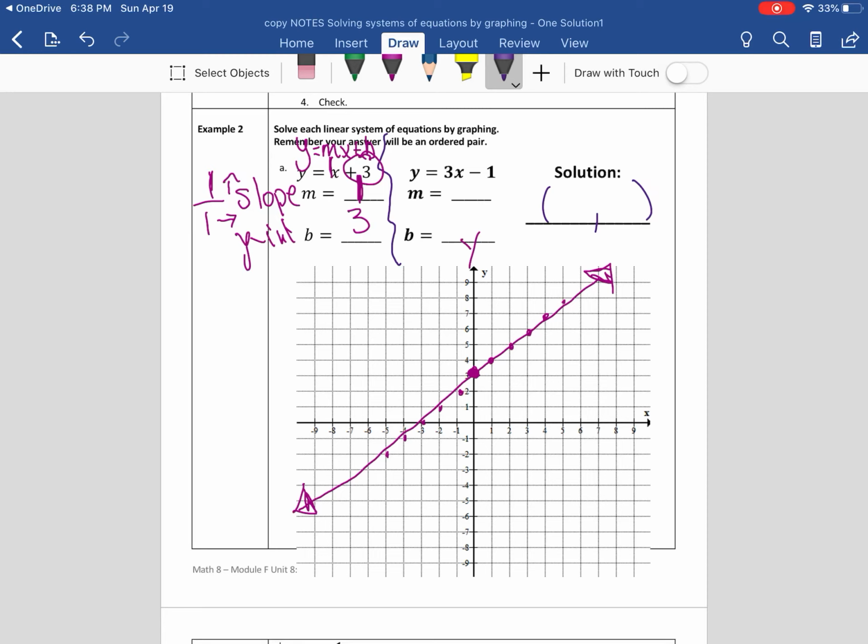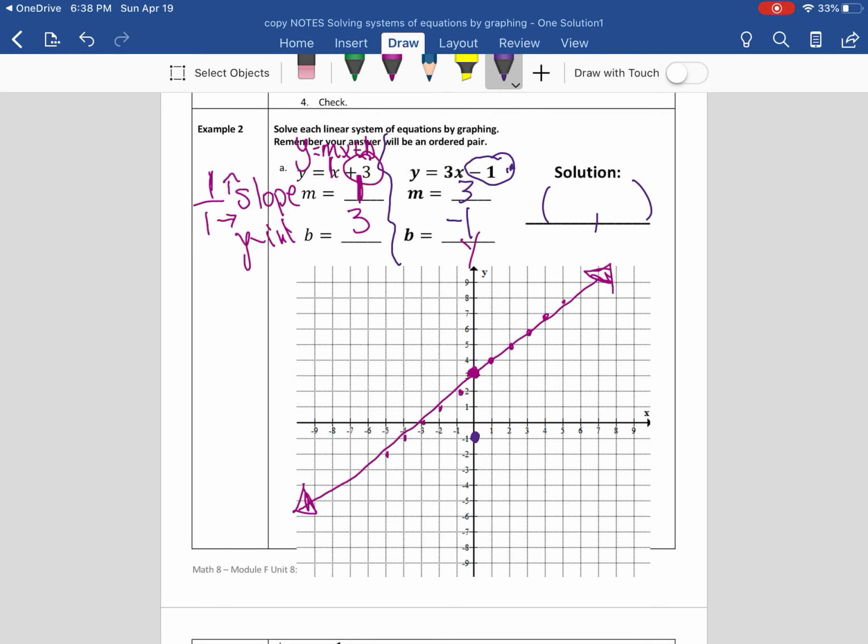Now let's do the second equation in the system. y equals 3x minus 1. y equals mx, so 3 is my m, and my b is a minus 1. So I'm going to start this one on the minus 1 on my y-intercept. There we go on my y-axis.